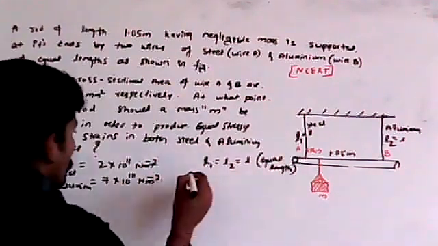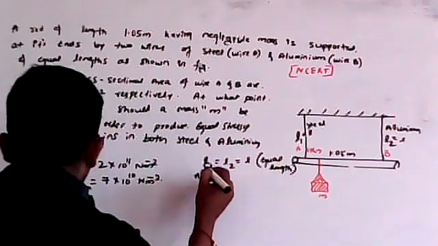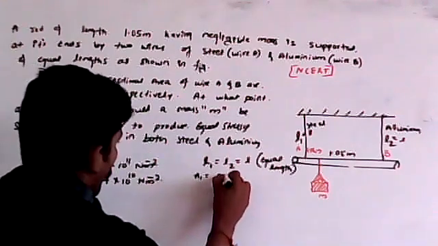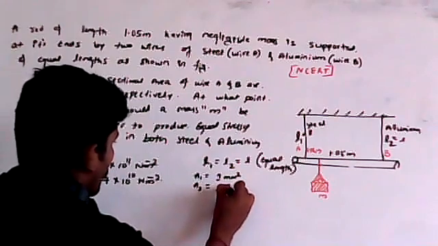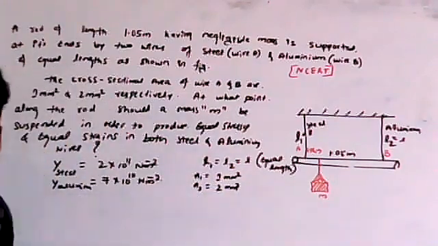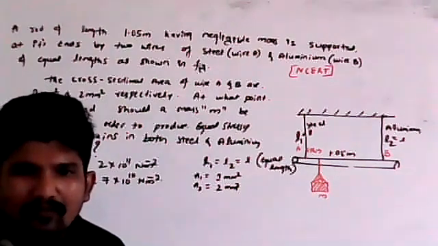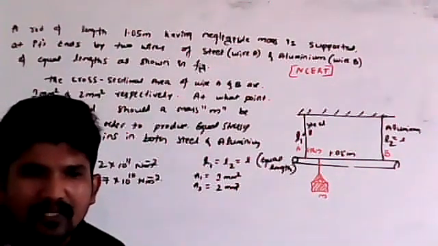Also given are A1 and A2. A1 is 1 millimeter square and A2 is 2 millimeter square. Of course, stress is equal, they told.